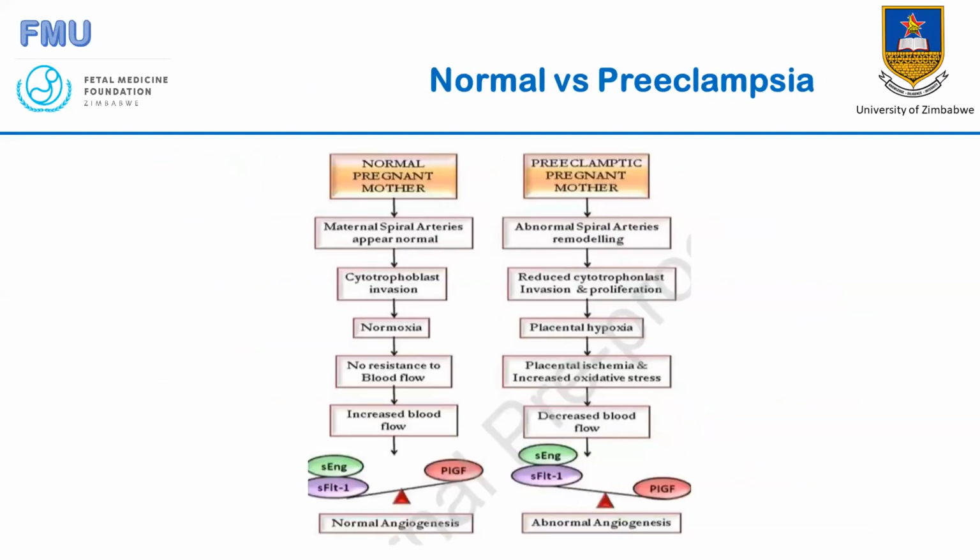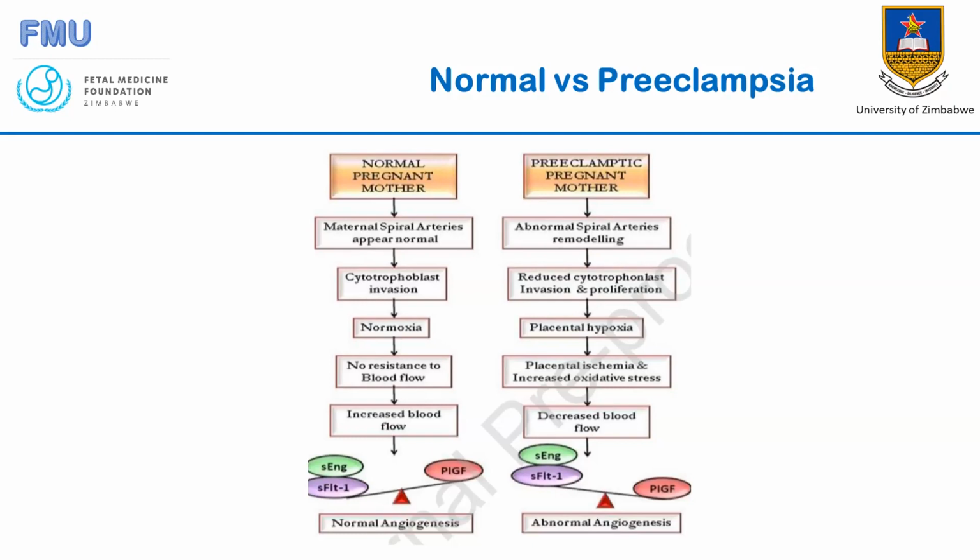So I'll take you through the normal versus the preeclamptic pregnant woman. In the normal, the maternal spiral arteries will appear normal, whilst in the preeclamptic pregnant woman there will be abnormal spiral artery remodeling. There will be normal cytotrophoblast invasion in the normal pregnant mother, whilst in the preeclamptic woman there will be reduced cytotrophoblast invasion and proliferation.